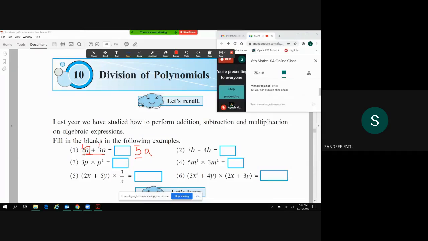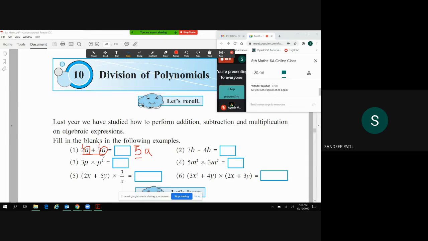Hence we are assuming that a is a variable. सो यहाँ देख सकते हैं कि एडिशन के वक्त a और a ये कॉमन टर्म है. इस कारण हम लोग कांस्टेंट को ऐड करके इन दो टर्म का एडिशन कर सकते हैं.